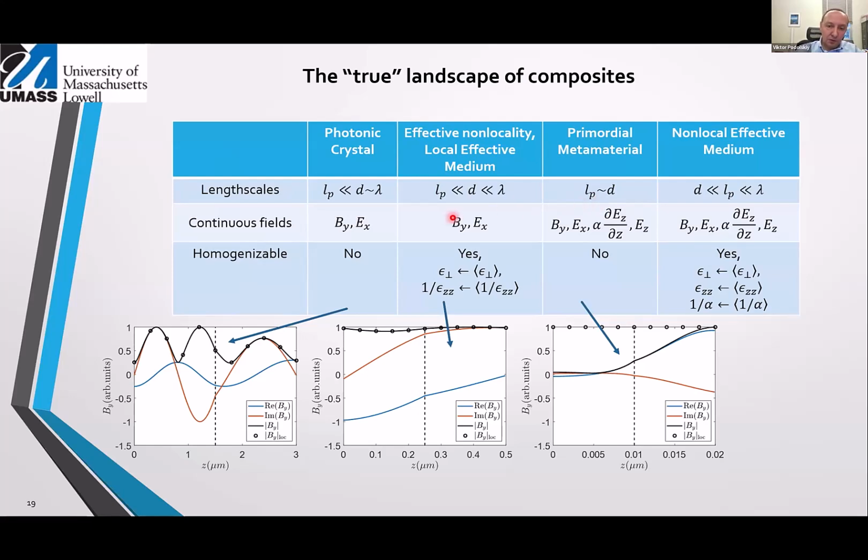In contrast to effective medium, this regime is similar to photonic crystal, but has generally much thinner layers. Your dynamics is dominated by the interference of the waves propagating in this now non-local crystal, and cannot be described by effective medium parameters.